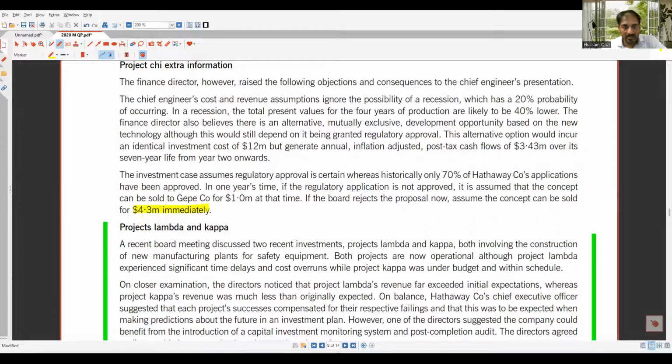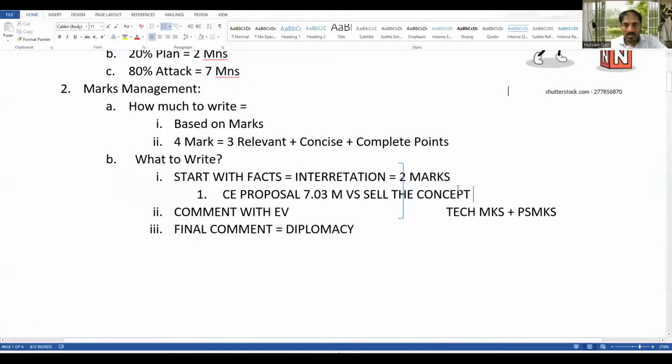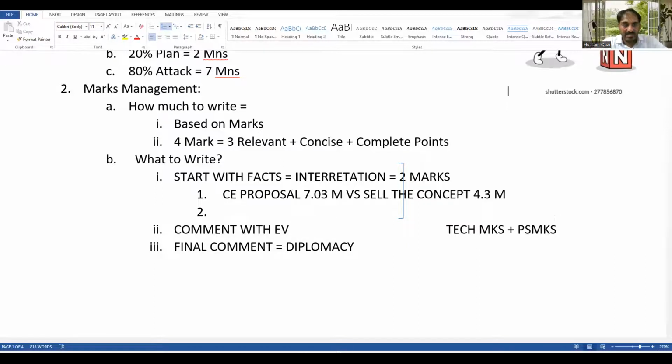That is 4.3 million. So I will interpret the answer. If we consider the chief engineer proposal, that's 7.03 versus sell the concept, the more beneficial is the chief engineer proposal. That's 1 mark, that's done.